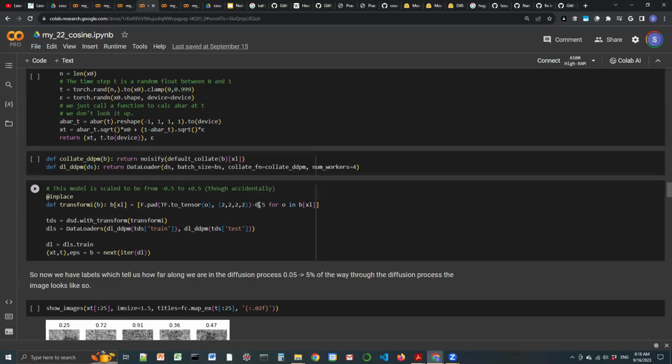Maybe the range is important, and I should retain a range of 1, because the original set of images he was working with, which had a bug but worked well, had values between 0 and 1. So he thought the range of 0 to 1 is important, but let's still center the value. We can do that by subtracting 0.5. So the range of values that we now have for the tensors is between -0.5 and 0.5.